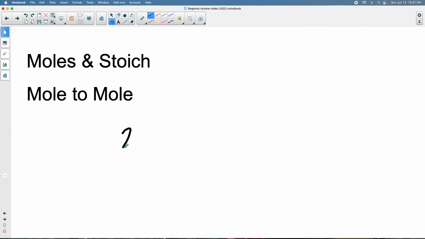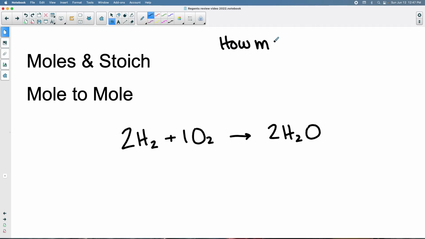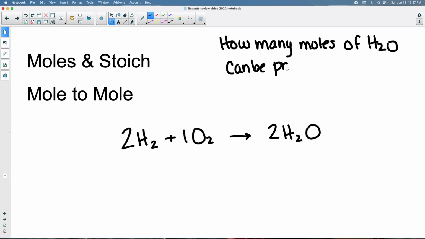Mole problems, if we go back to our balanced equation from before, how many moles of this can be produced if this many moles of that.